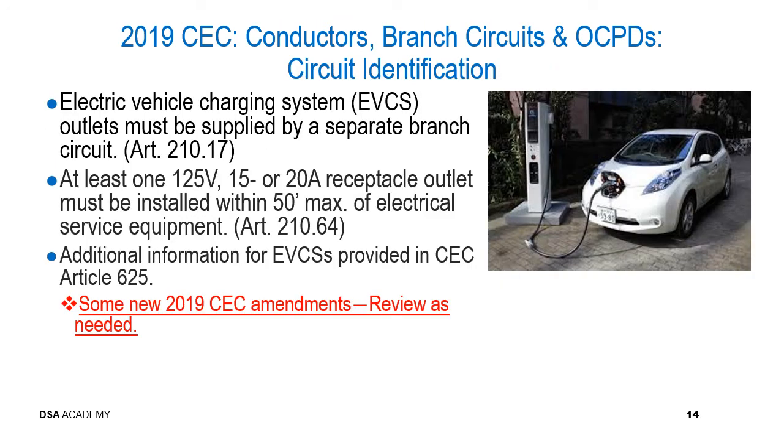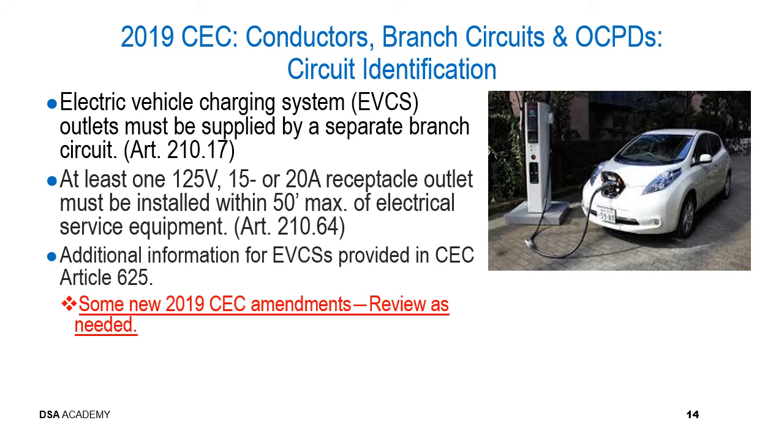I'm sure that all of you have noticed in the last few years the increase in the number of electric vehicle charging systems, identified sometimes as EVCS. Outlets are required to be supplied by a separate branch circuit for EVCS systems or EVC systems. This is discussed in more detail in Article 210.17.